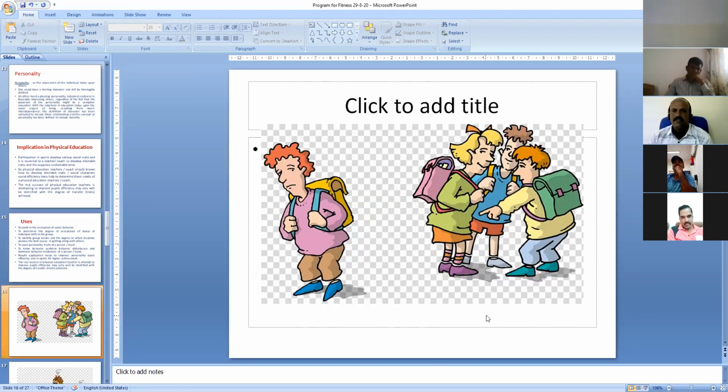Here a student is isolated from other groups because of an inferiority complex, or lacking of qualities, or maybe some misunderstanding between them. Such students should be brought into the mainstream with the other students, so that he will be one of the students in a normal group, where he can involve himself happily with the others.